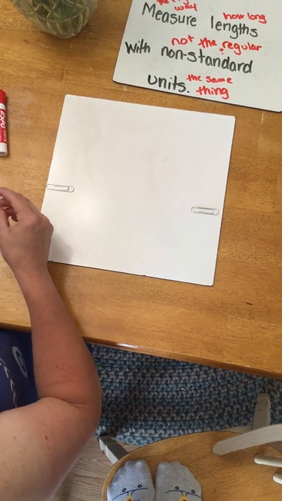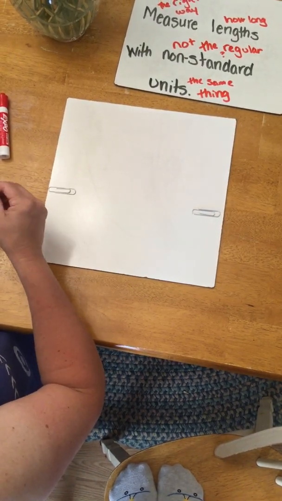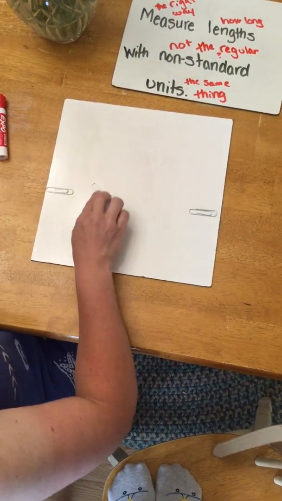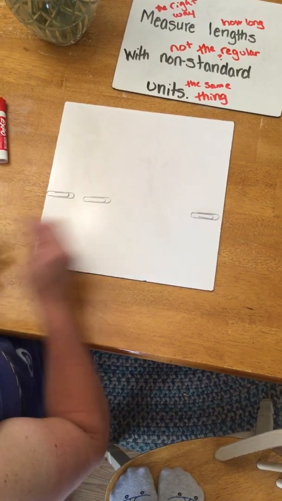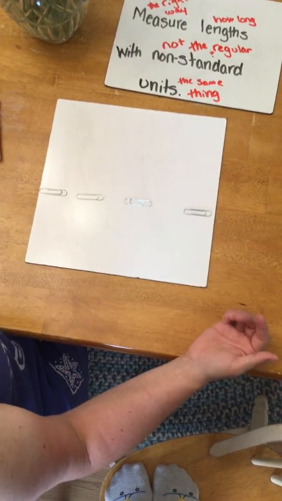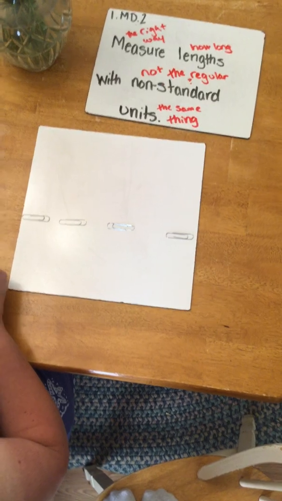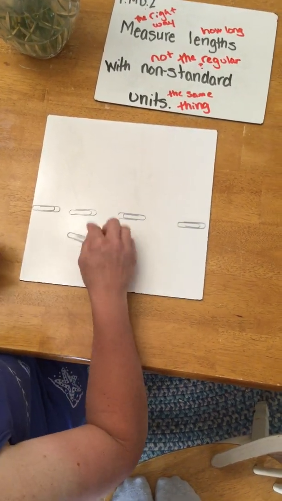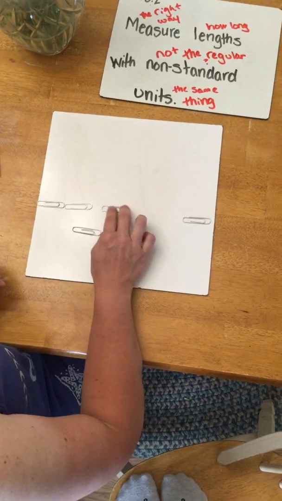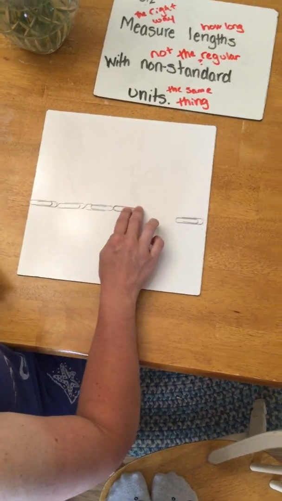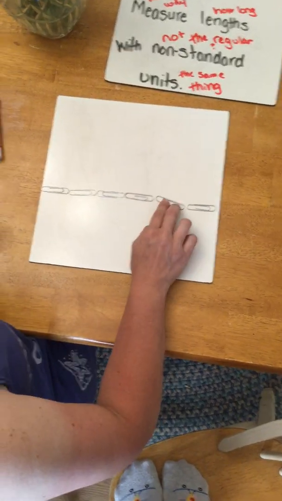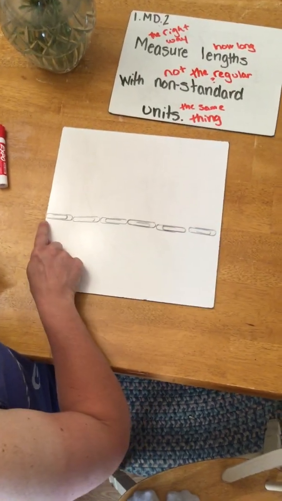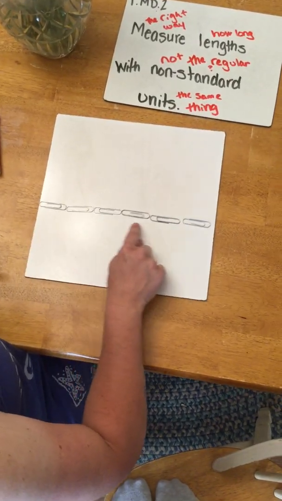I also wouldn't mush them all together and say it's 4 paper clips, because that's not right either. I have to make sure that they touch and that they go from one end to the other.